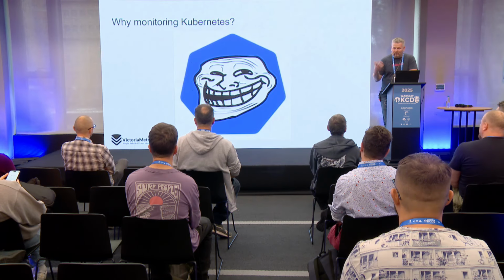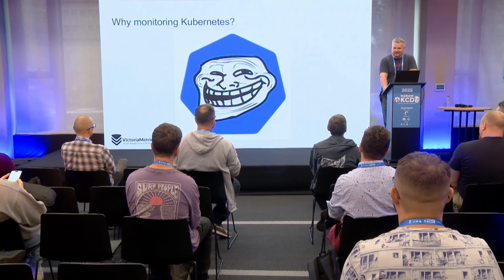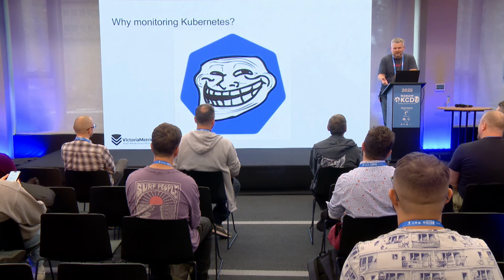So why do we need to monitor Kubernetes? Because monitoring and observability is a relatively new word and a relatively new trend. Before that, nobody cared about observability, and everybody was happy.